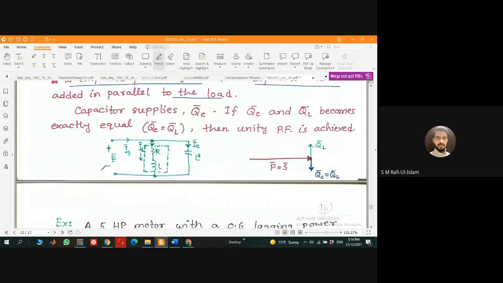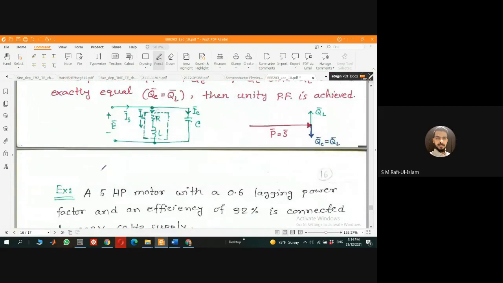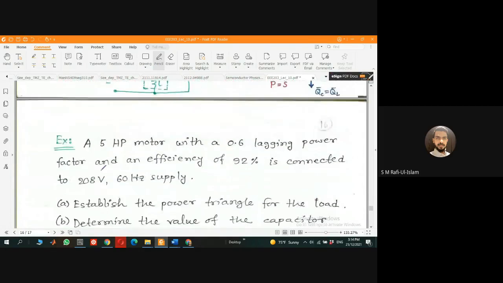I will try to solve a math problem that would be even easier, but quite easy. So just think about a motor with 5 horsepower. We know 1 horsepower means 746 watts. So that rating is given, meaning the power rating is given.